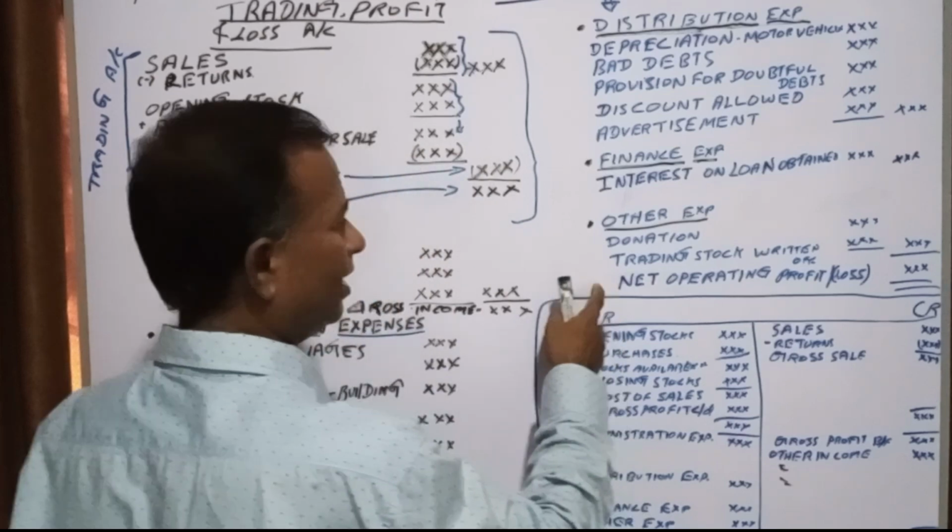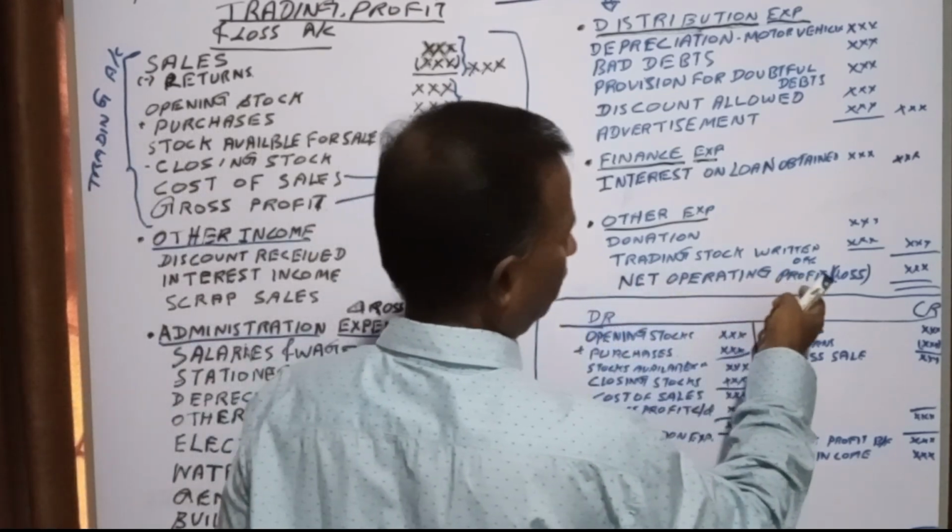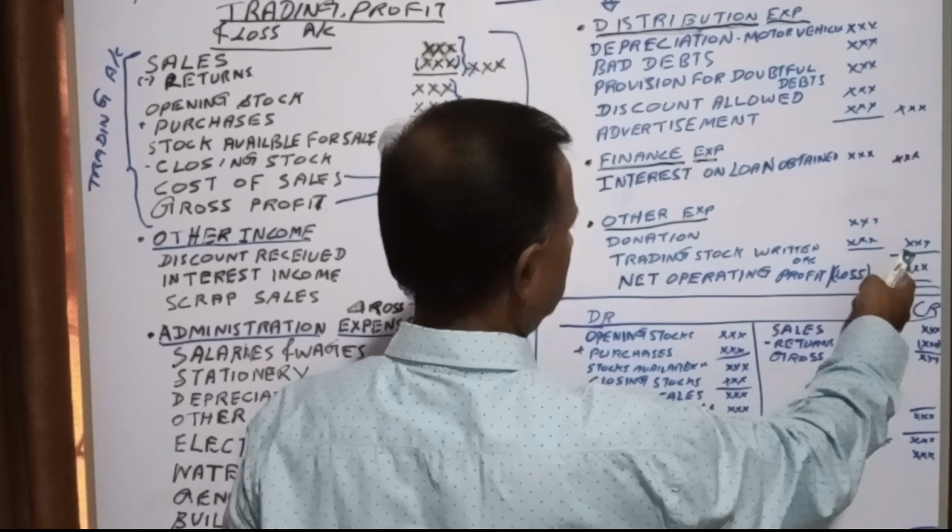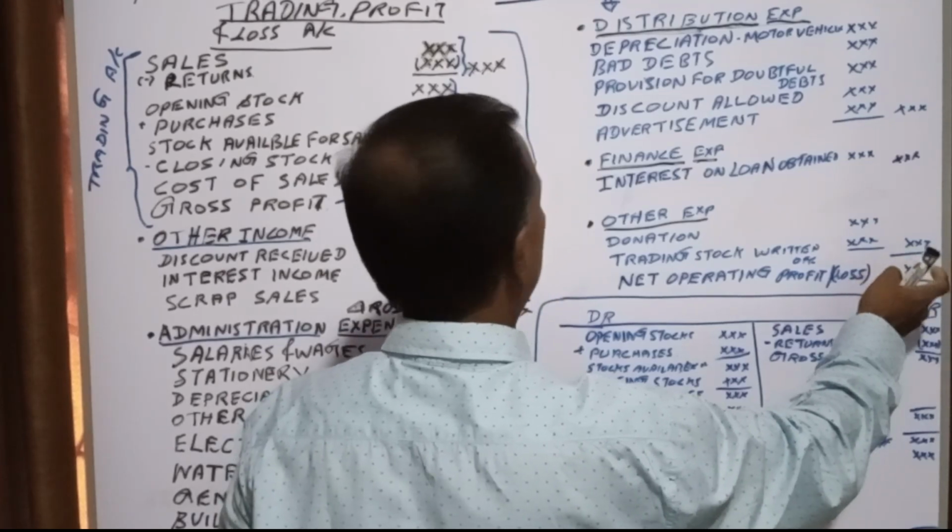Then we arrive at the net operating profit or loss here. This is the net operating profit or loss.